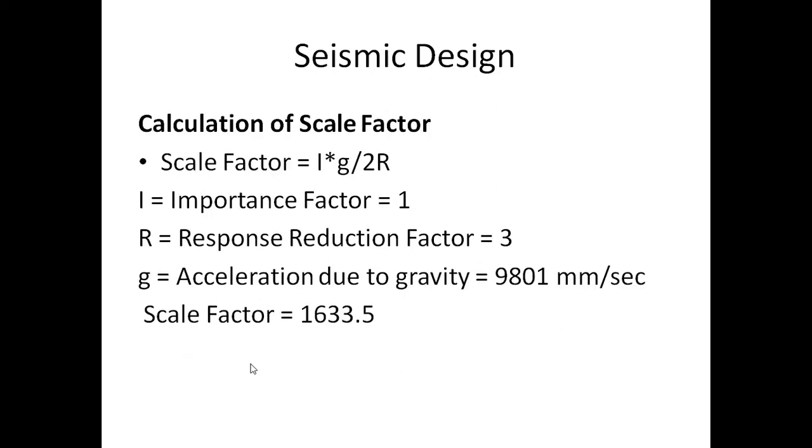One more thing, we need to find the scale factor, which depends mainly on the importance factor I, the acceleration due to gravity g, and the response reduction factor. With these I find that the scale factor value is equal to 1633.5. This value will be referred to at the time of analyzing using the response spectrum method.